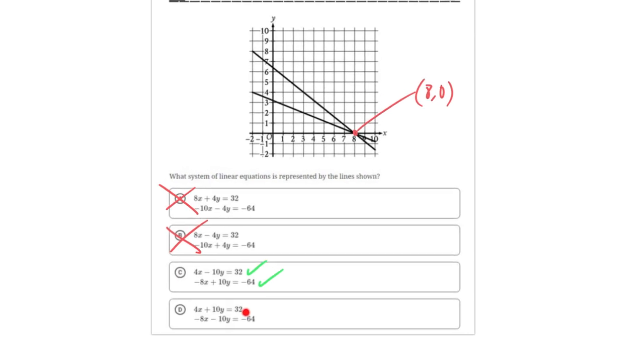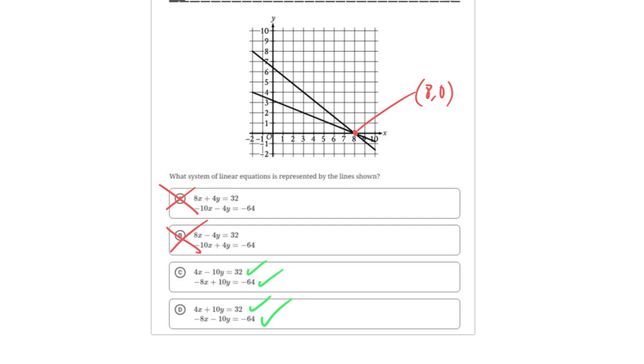Let's look at this one, too. When y is 0, it would be 4x equals 32. x would be 8, so that checks out. When y is 0 here, it would be negative 8x equals negative 64, so that actually checks out as well. It's a good thing we looked at both of these, right?